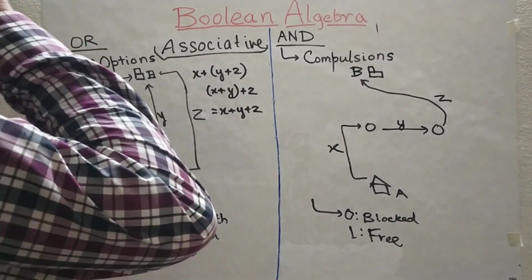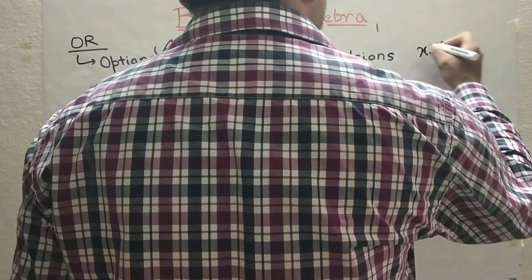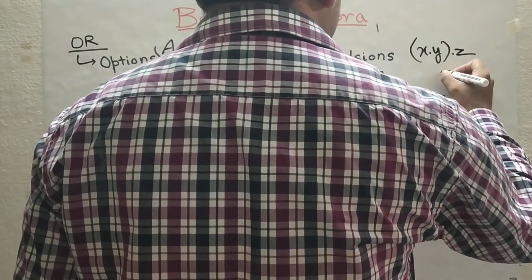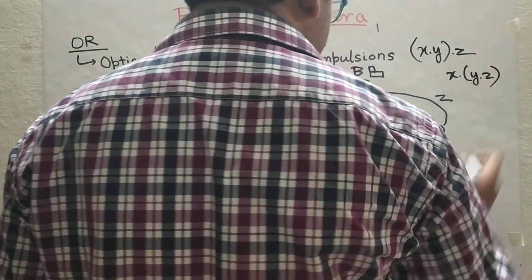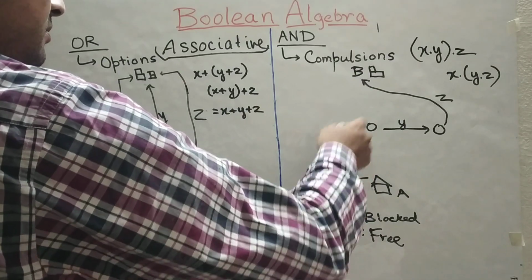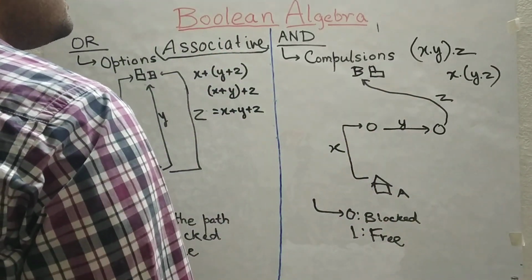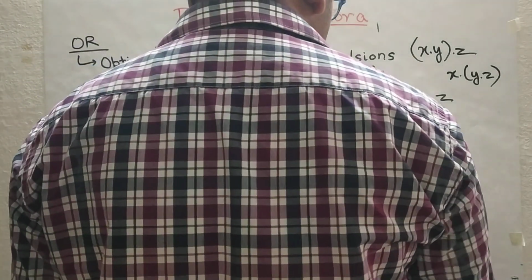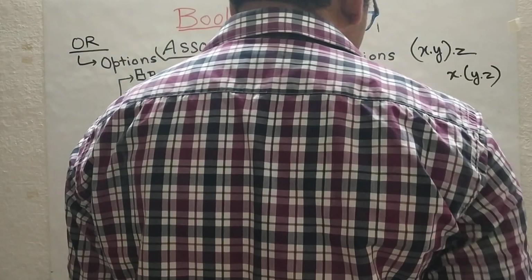Here also, X might be blocked, Y might be blocked, Z might be blocked. So if you resolve X and Y first, it does not matter.